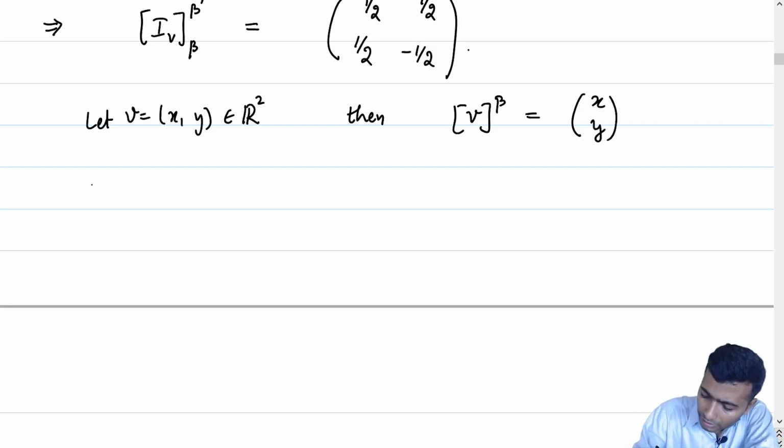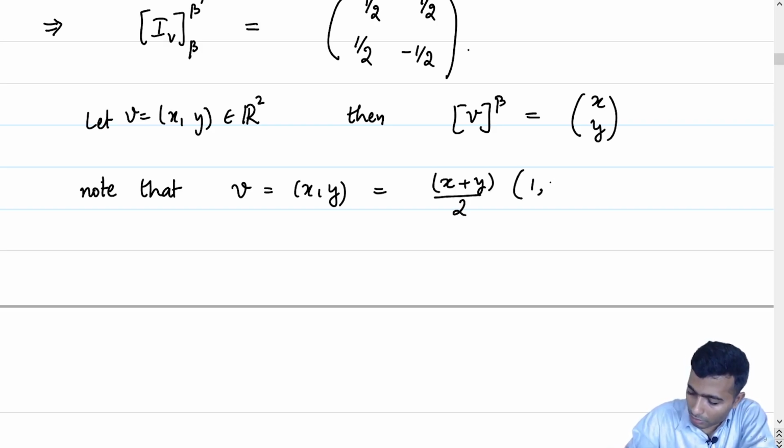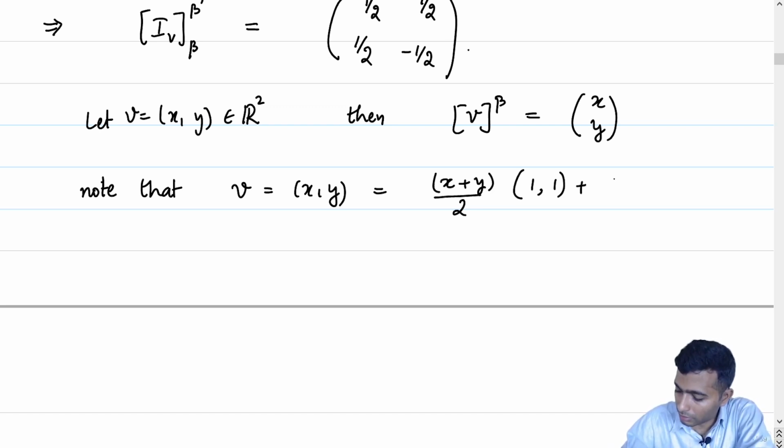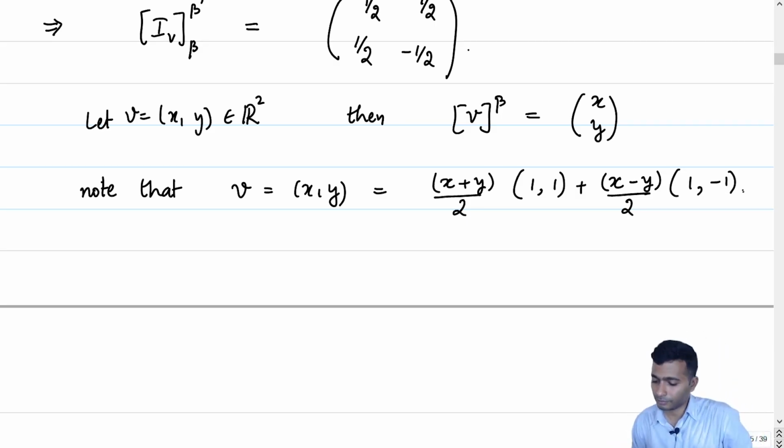So note that v, which is equal to (x, y), is equal to (x plus y)/2 times (1, 1) plus (x minus y)/2 times (1, -1).